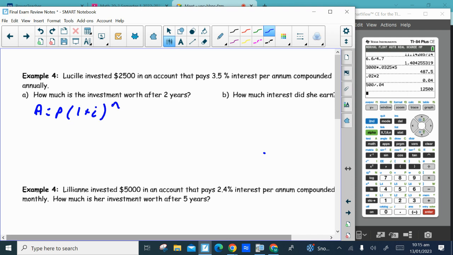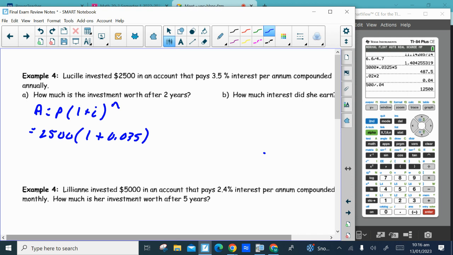That's the formula. So P, the principal, is 2,500. And in this case, the interest is 3.5% per annum, which means per year, and it's compounded annually, which means we're going to use the 0.035.